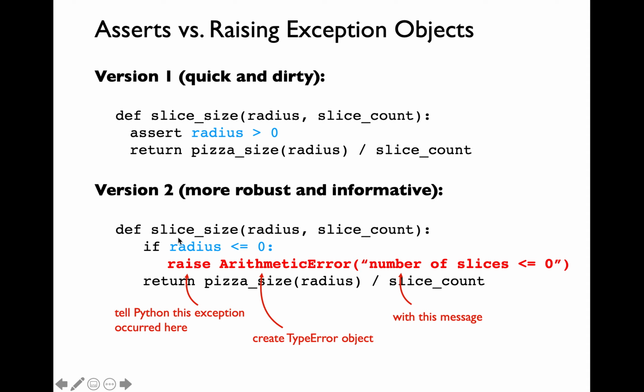We are specifically raising an arithmetic error saying that the number of slices should be less than or equal to 0, or saying that radius should be greater than or equal to 0.